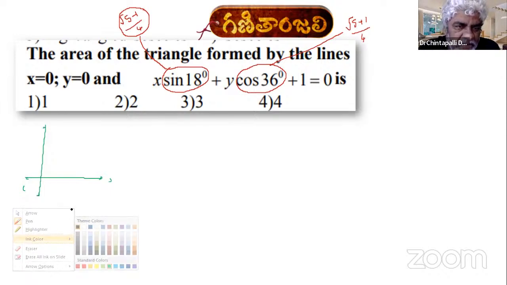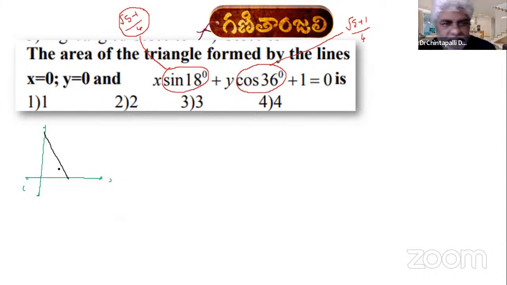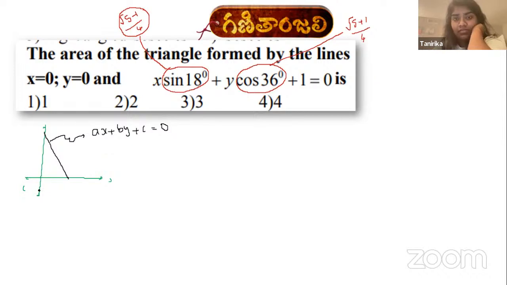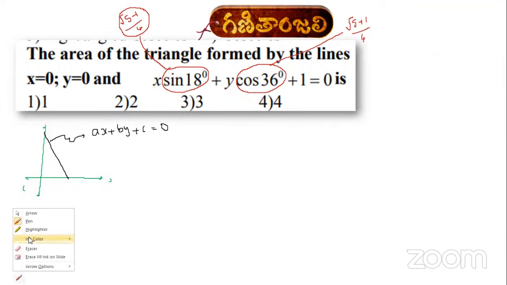Now it is a straight line whose equation is ax plus by plus c is equal to 0. Right? Then the area covered by this line with the coordinate axis. This is the area.